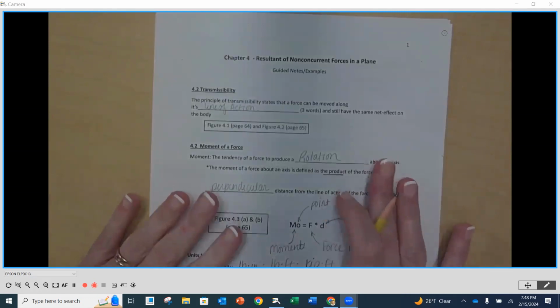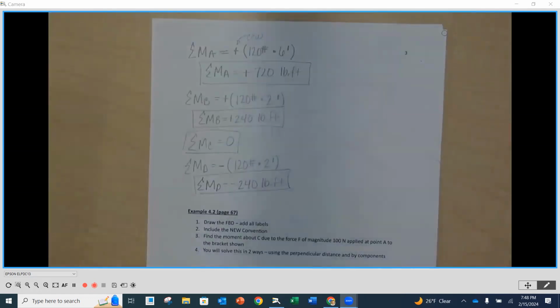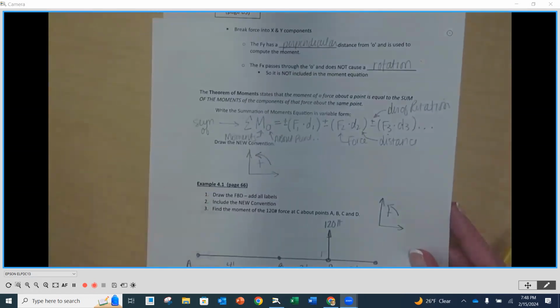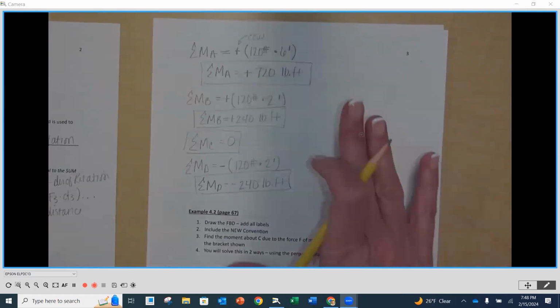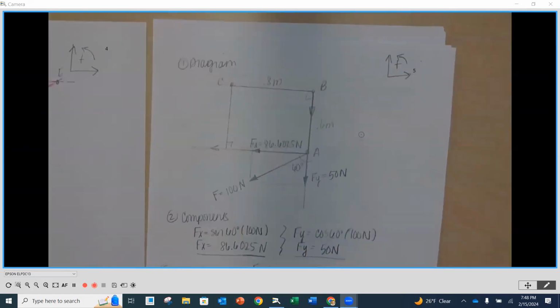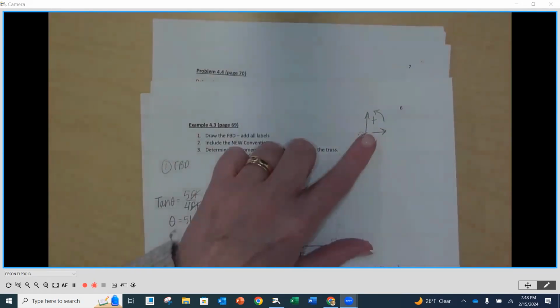Okay, so since we had skipped 2 example problems, I want to be sure that we know which ones we're handing in for our practice problems. So based on our guided notes, page 1, okay? Page 2, and our first example here is 4.1, right? Page 3, okay? Example 2. And then example 3, which is, we're up to page 6.